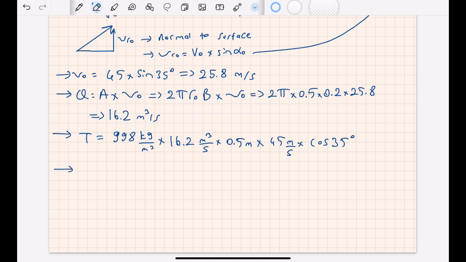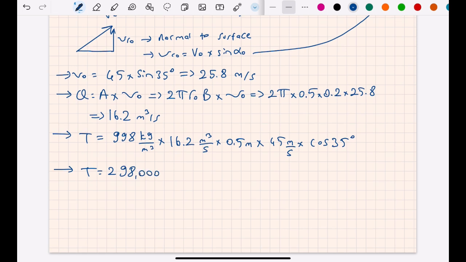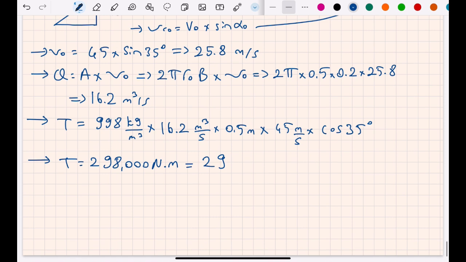From here, we will get 298,000 newton meters, or in other words, it is 298 kilonewton meters.